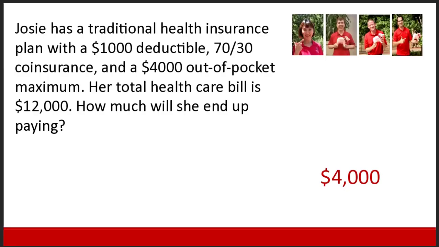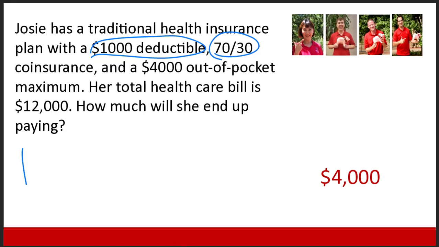Okay, so the first question is: Josie has a traditional health insurance plan with a 1,000 deductible and 70/30 co-insurance. If you see this number, you will automatically regard the 30% as your part and the 70% as the insurance part.